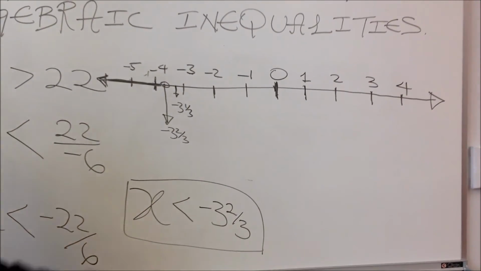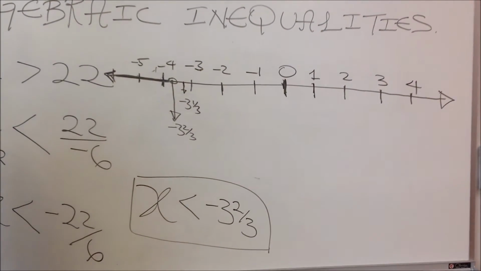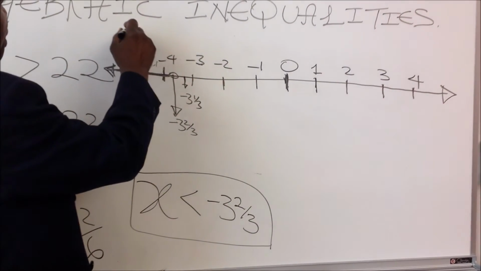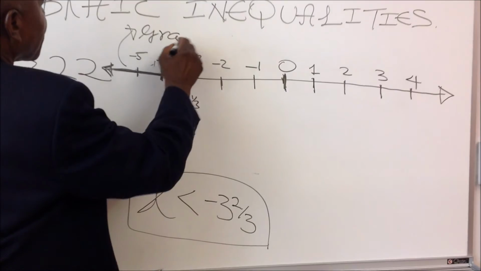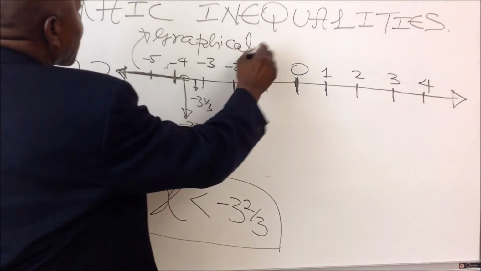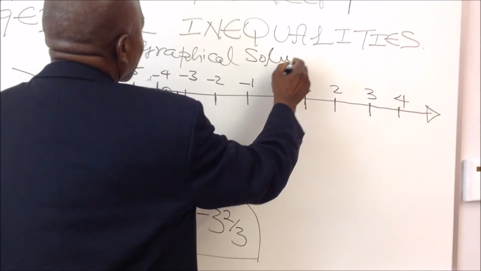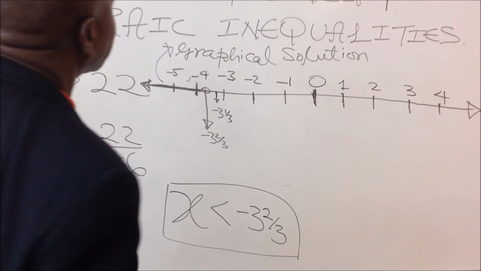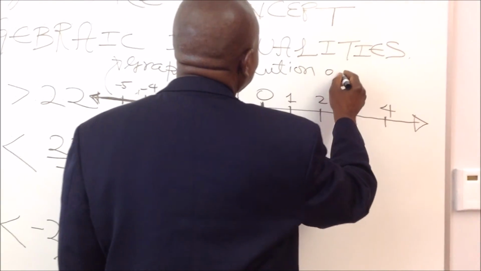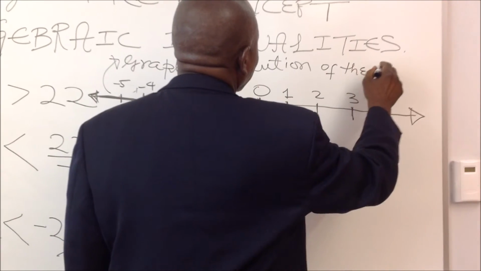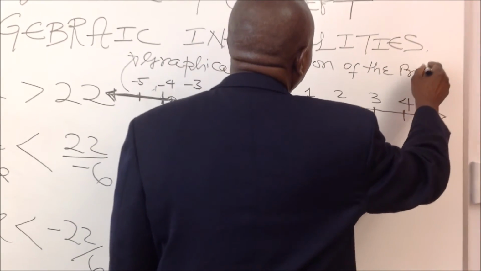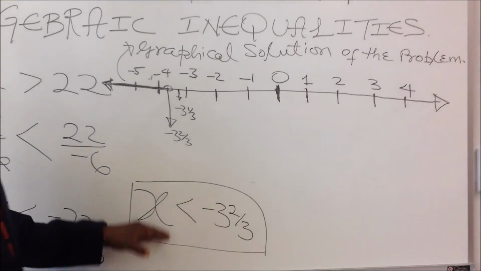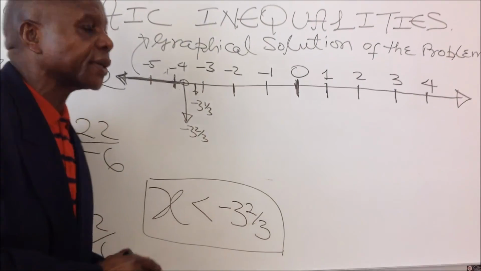Of course, finally we went on and graphed this solution, and this is what we call the graphical solution of the problem. Okay, it's a regular solution, and here is the graphical solution.